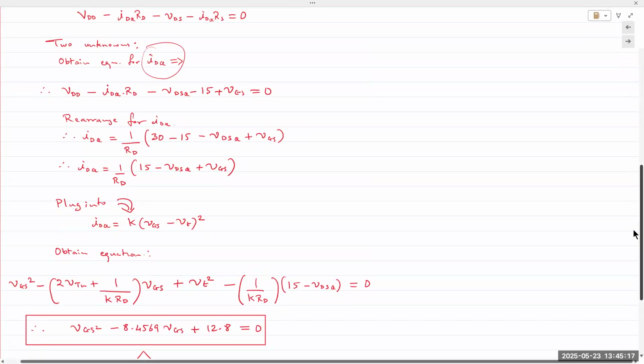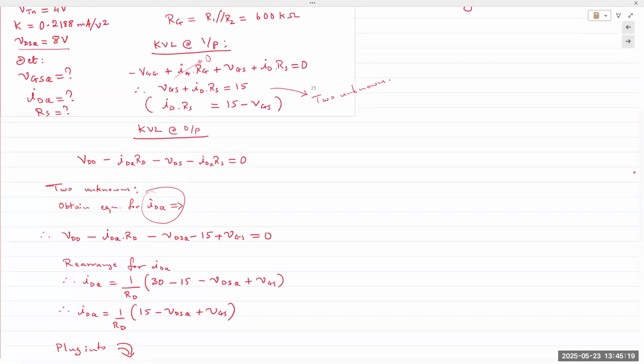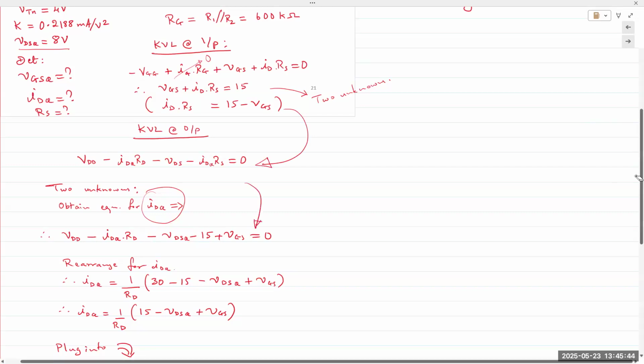To obtain the equation, we plug this into the other equation, and we obtain VDD minus IDRD minus VDS minus 15 plus VGS.